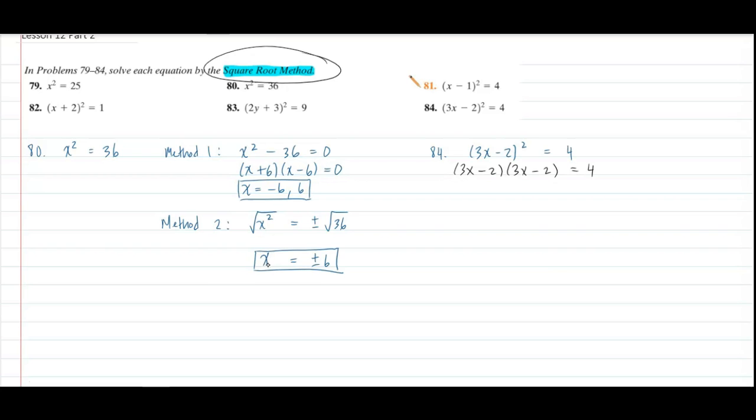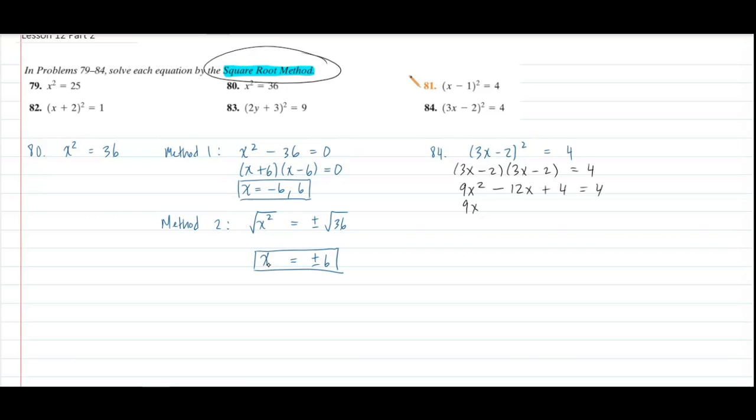the square root method. So here is the incorrect way students have done this in the past, is they've said, okay, let me write this out as a minus b whole squared, or even worse, a minus b times a minus b. And eventually they come to the conclusion that you have 9x squared minus 12x plus 4, right? And that's equal to 4.